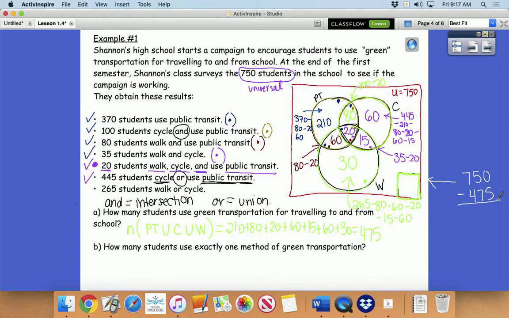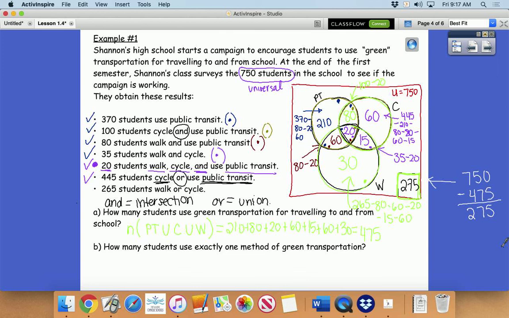That will give you the students that aren't taking green transportation. So if we subtract those two numbers, you should get 275 students. So that's how we're going to fill in the rest of our Venn diagram, 275. Now as a check, you can always add up all the numbers within the circles and the 275, and it should add up to 750 if we did this properly.